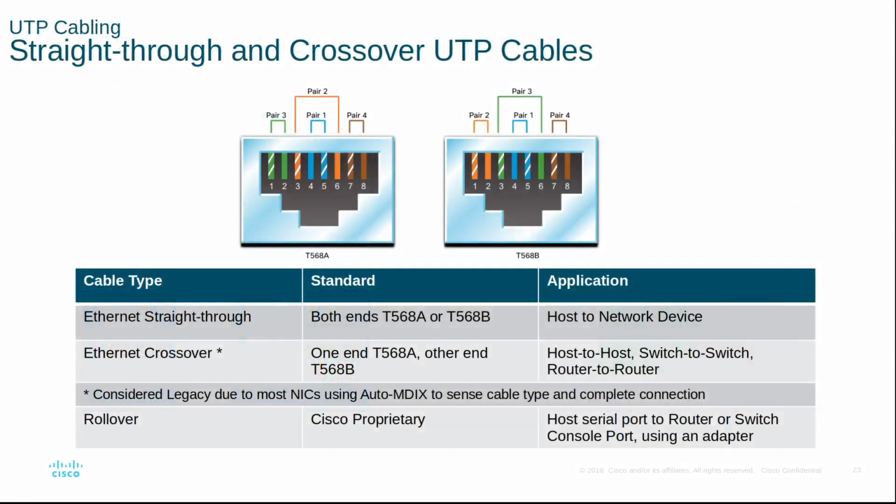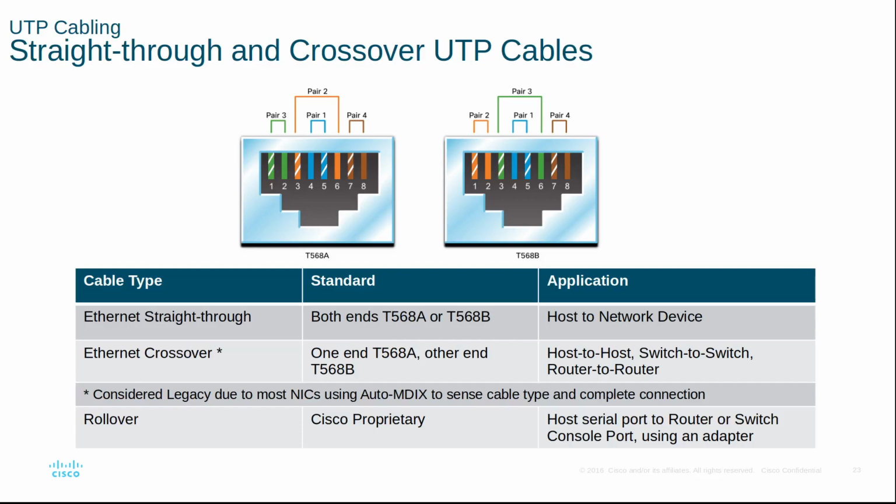Now, there's a couple different ways you can wire these up. There's two different standards, T568A and T568B, and there's the color coding for the wires. You tend to see straight through and crossover, at least you used to. You don't see crossover anymore, and rollover are the three different types of wiring.